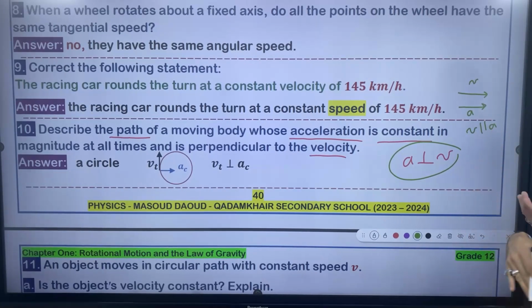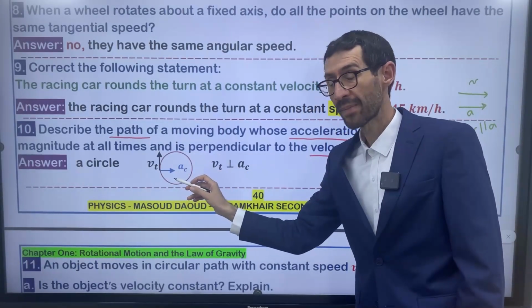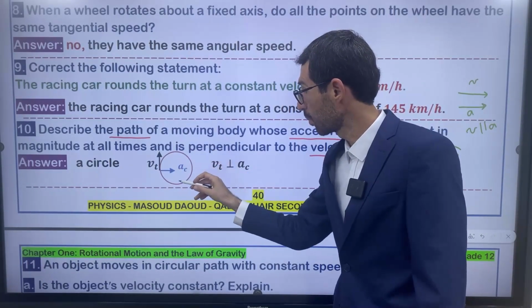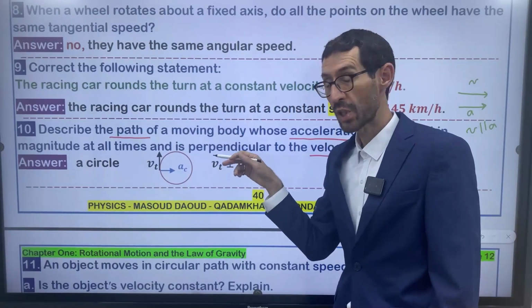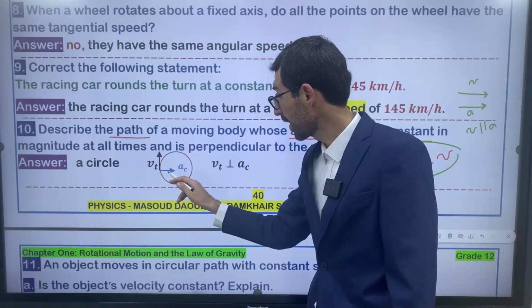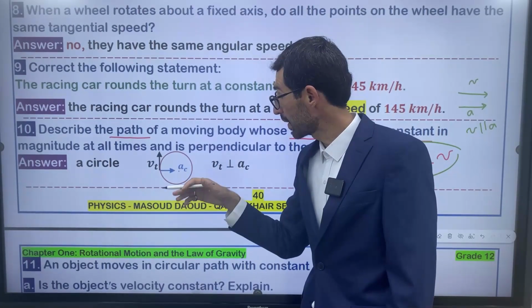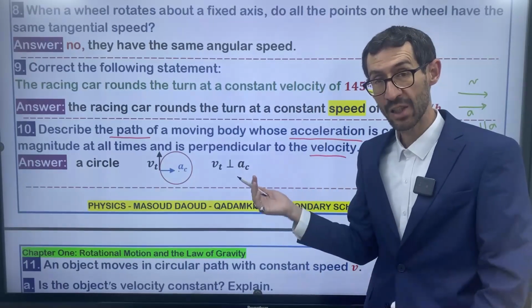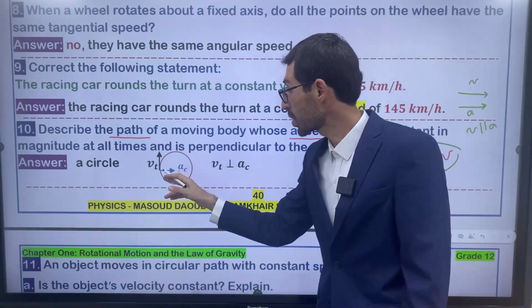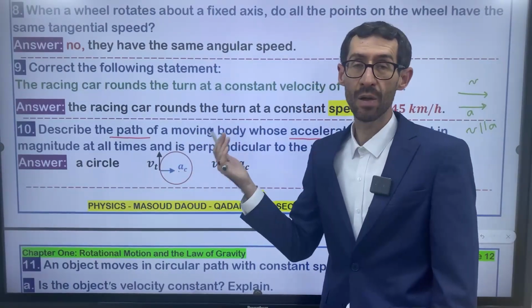Teacher, could you draw an example for us? Yes. There's a circular track. The object moves around the circle. It has tangential velocity, and acceleration toward the center of the circular track, and the velocity is along the tangent of the circular track.